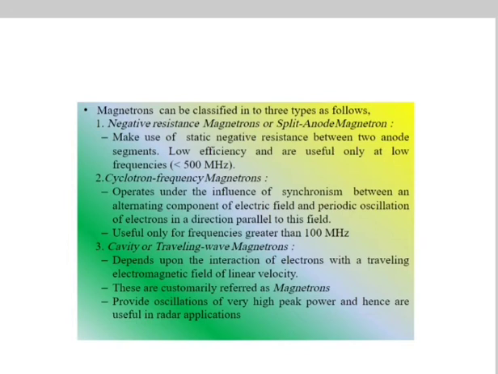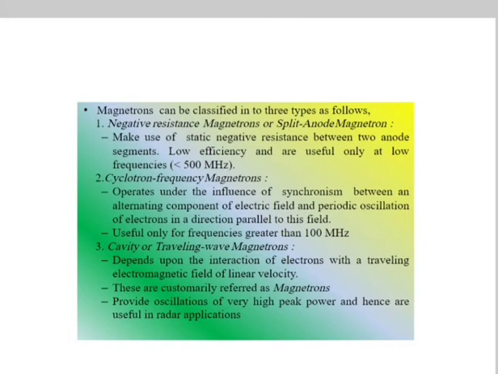The cavity or traveling wave magnetron depends upon the interaction of the electrons with a traveling electromagnetic field of linear velocity.